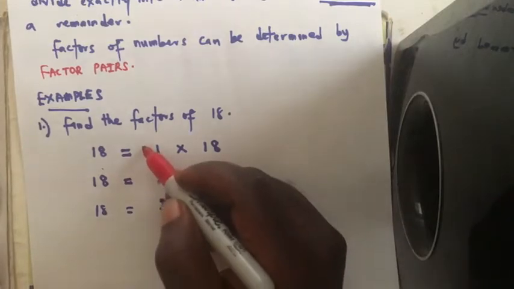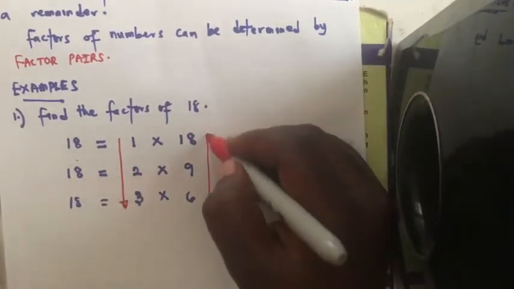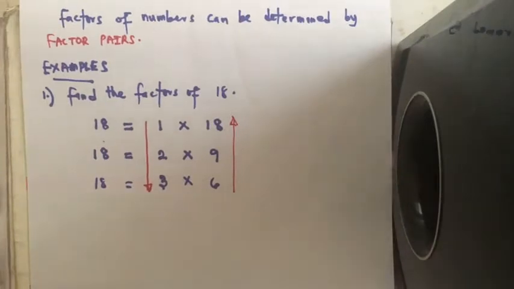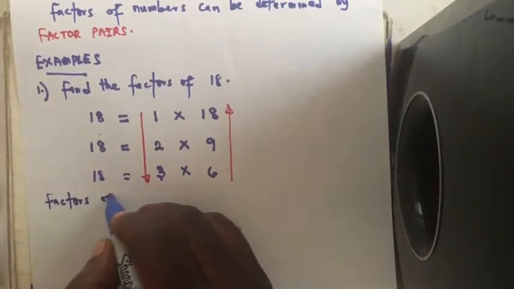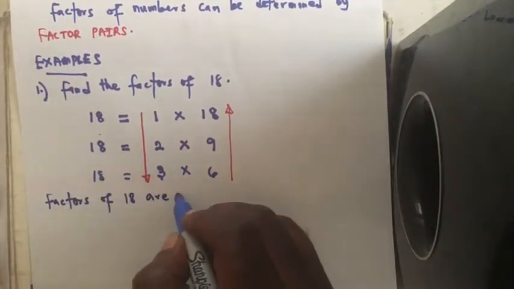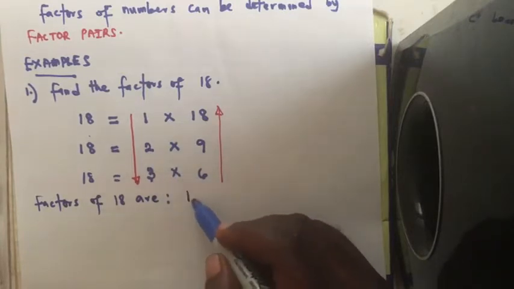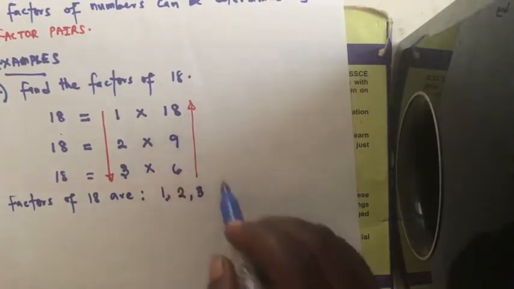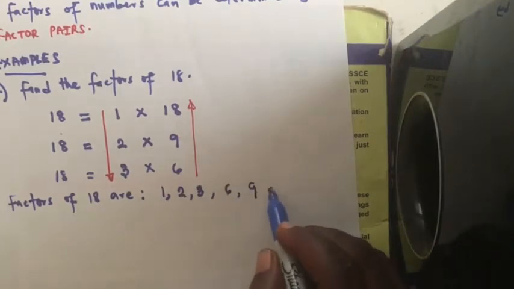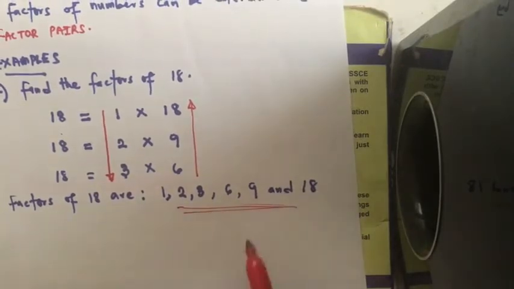Draw the arrowhead pointing downward this way, and then the arrowhead pointing upwards. Now you can see the factors of 18 are, following the arrowhead: 1, 2, 3, 6, 9 and 18. So these are the factors of 18.